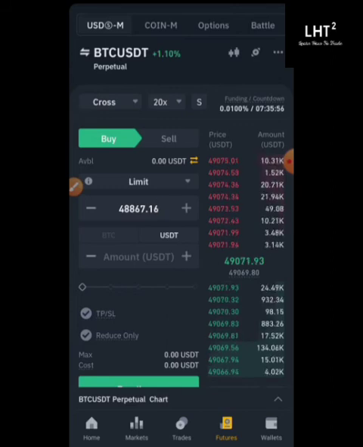Let me break it down. If you're using $50 to enter a trade with 20x leverage, and another person is using that same $50 to enter a trade with 125x leverage, if the trade goes against the two of you, that person is going to hit liquidation price very fast, a lot faster than you. That person would have hit liquidation price a long time before your own trade even hits liquidation price.